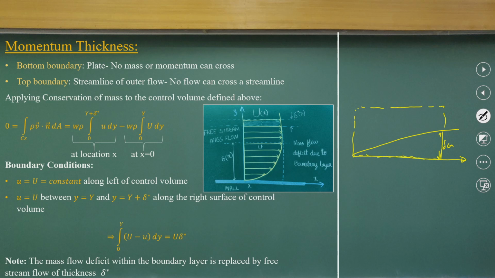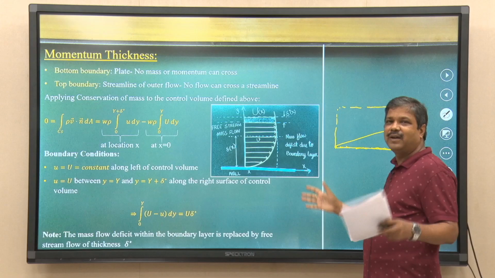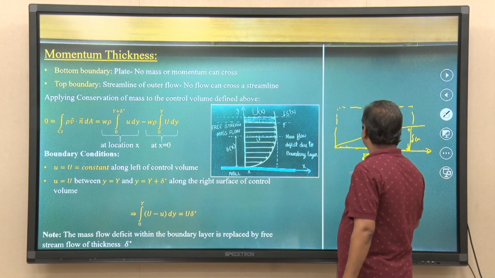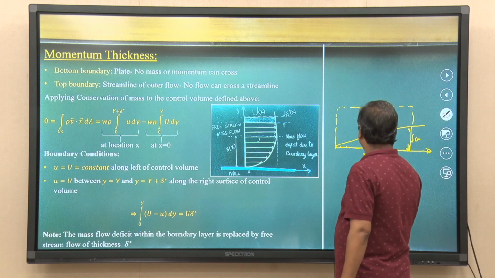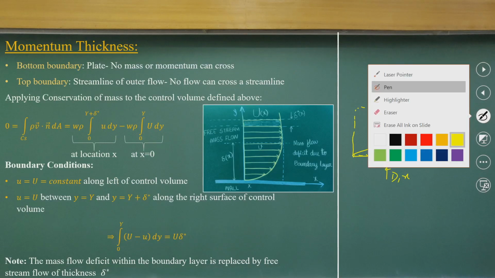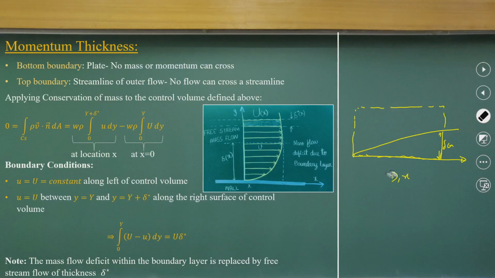There will be a drag force acting on this plate in the x direction, F_Dx, that will act on this.